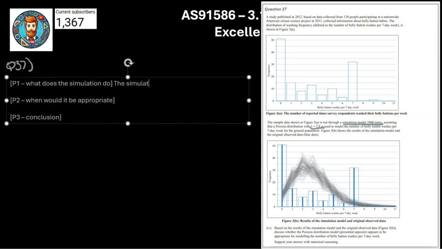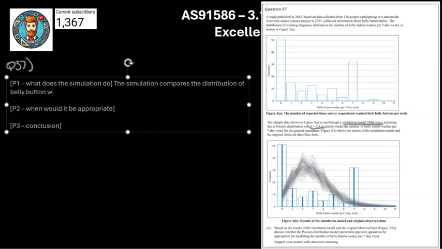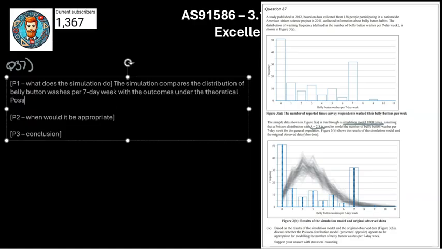So the simulation compares the distribution of belly button washes per 7-day week with the outcomes under the theoretical distribution with a mean of 2.8 washes per week.